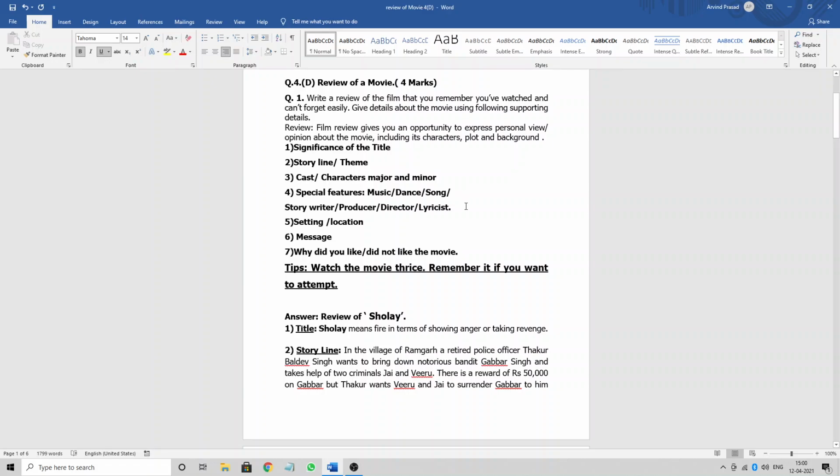The next heading is the setting or location. Where did the shooting of the movie take place? Next heading is message. The seventh one is why you liked or did not like this particular movie.